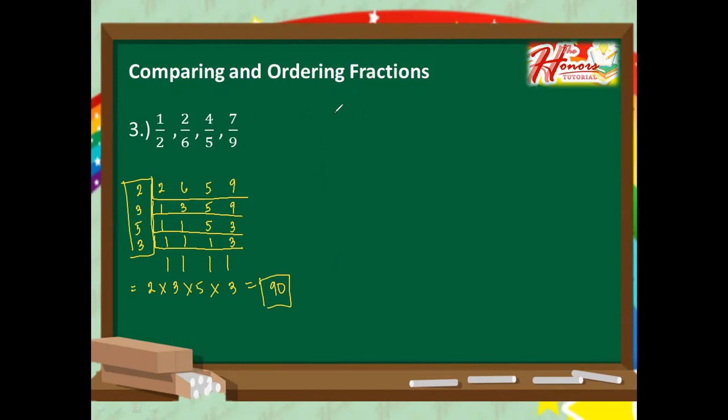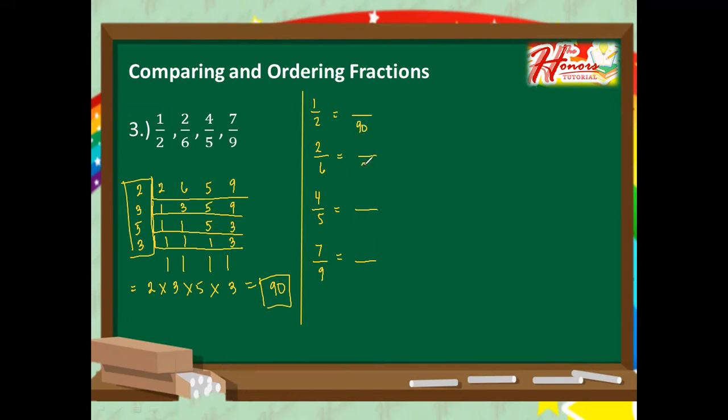So what are we going to do here? You have to write the given vertically. So we have here 1/2, 2 over 6, 4 over 5, and 7 over 9. Then write an equal sign and then write the LCD as your new denominator.